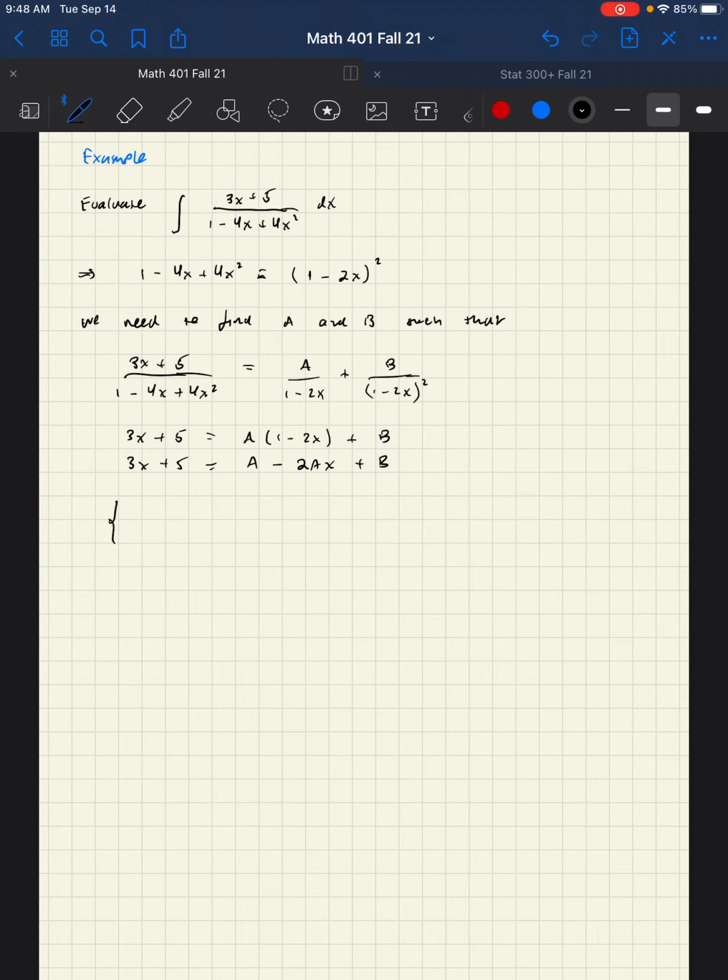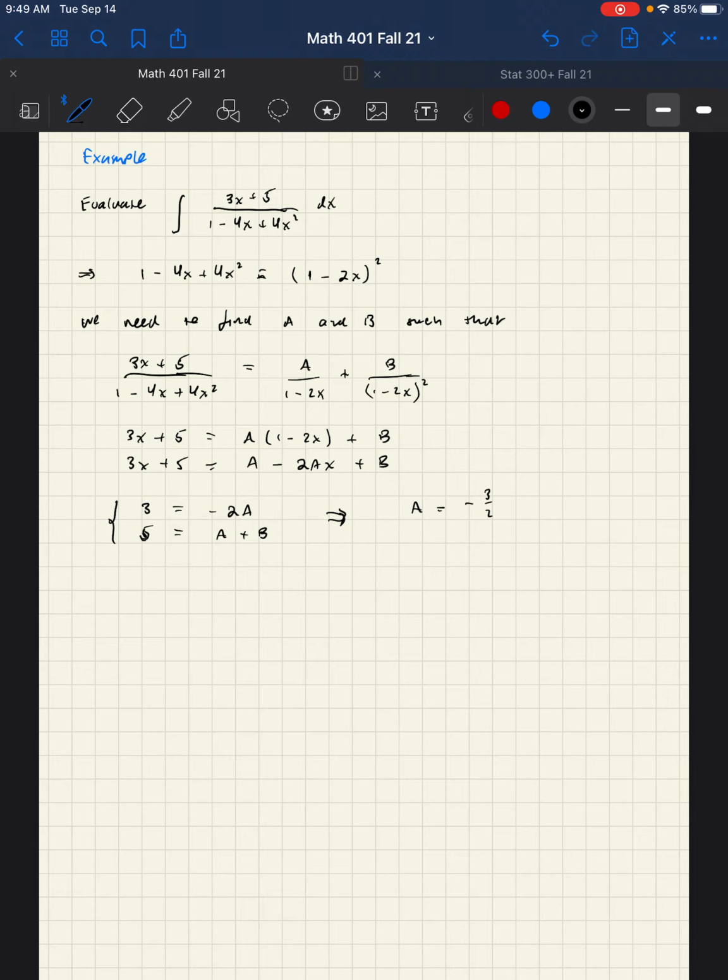And the same idea applies here, that when we split it up into two equations based on the coefficients for x and the coefficients for the constant terms, we end up with 3 equals negative 2a and 5 equals a plus b. And this immediately lends itself to the solution.